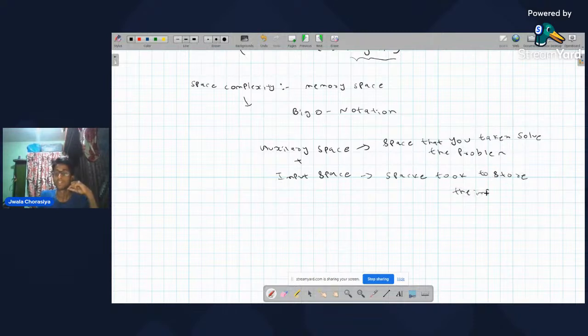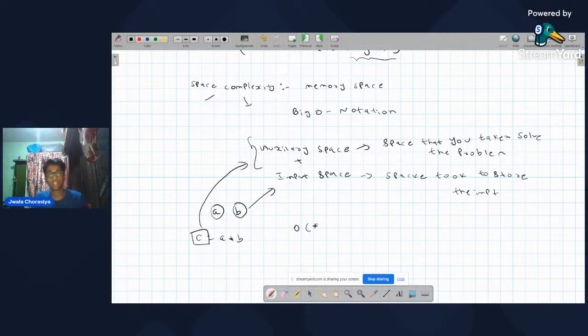So basically, space complexity is the sum of both of these. So when I say I have two inputs A and B, and C is equal to A plus B, this C is the auxiliary space because it's solving something, and A and B are my input space. So over here I took 3, so my space complexity will be O of 3.